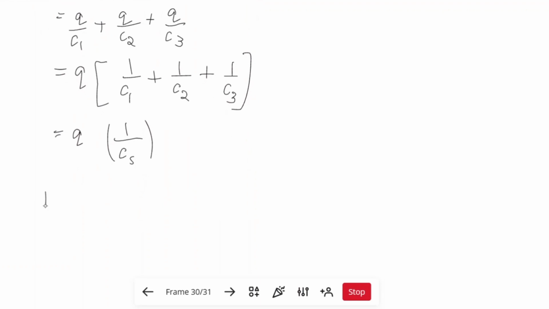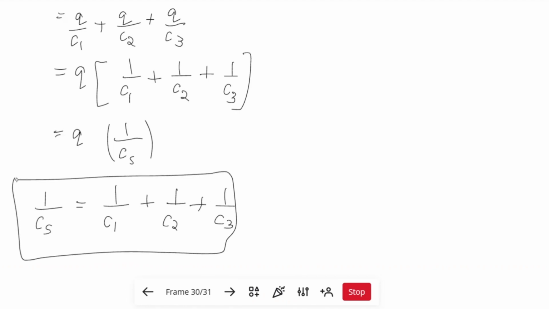So we get 1 by Cs is equal to 1 by C1 plus 1 by C2 plus 1 by C3. So the equivalent capacitance in series is always less than the smallest individual capacitance in the group.